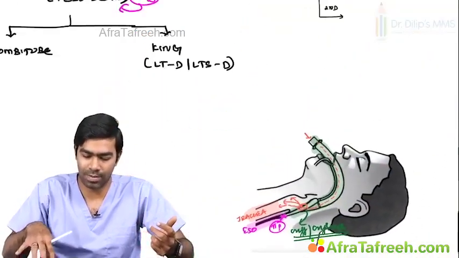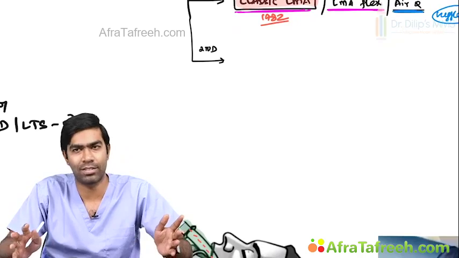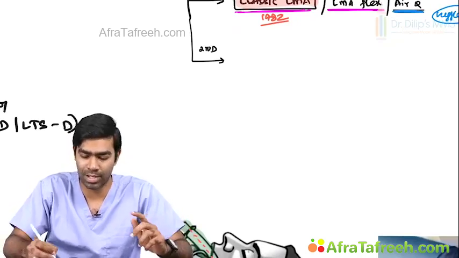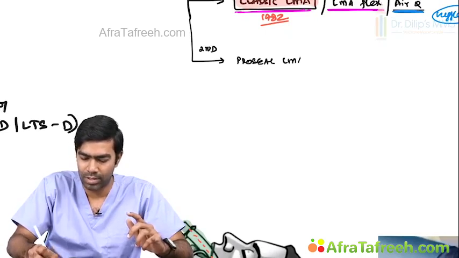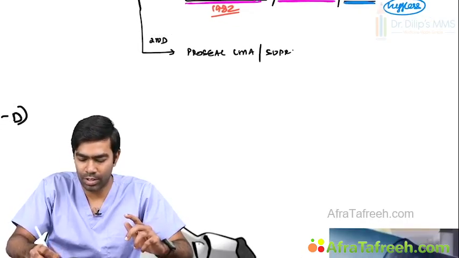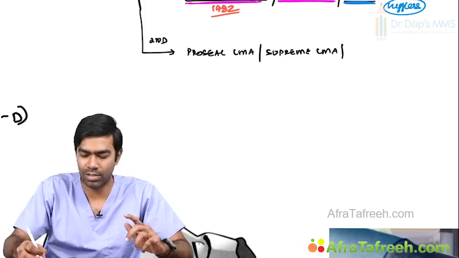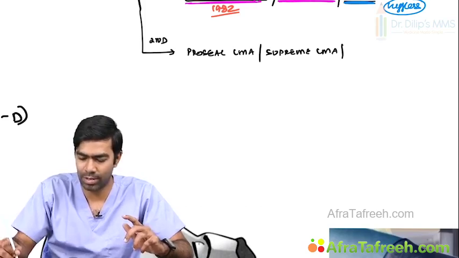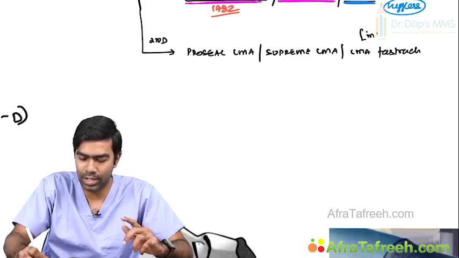So the second generation laryngeal mask airways come in, and in fact there are 4 of them. One is the classic ProSeal LMA. The second one is the Supreme LMA, or LMA Supreme, and the third one is the iGel. And you also have the LMA fast track, which is also referred to as the intubating LMA.